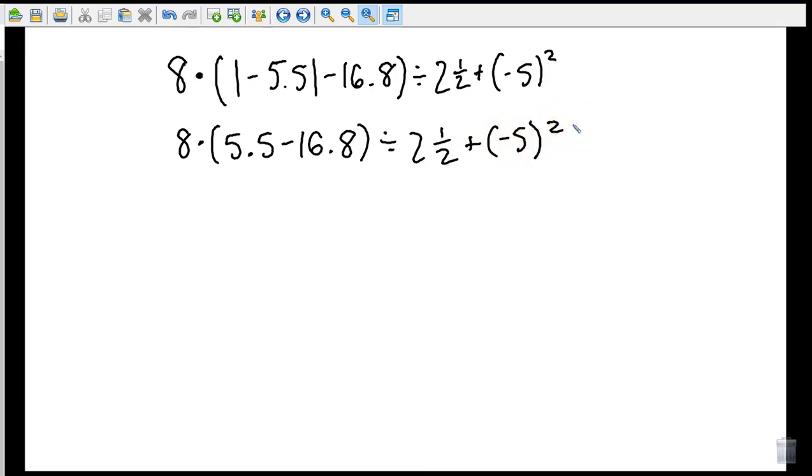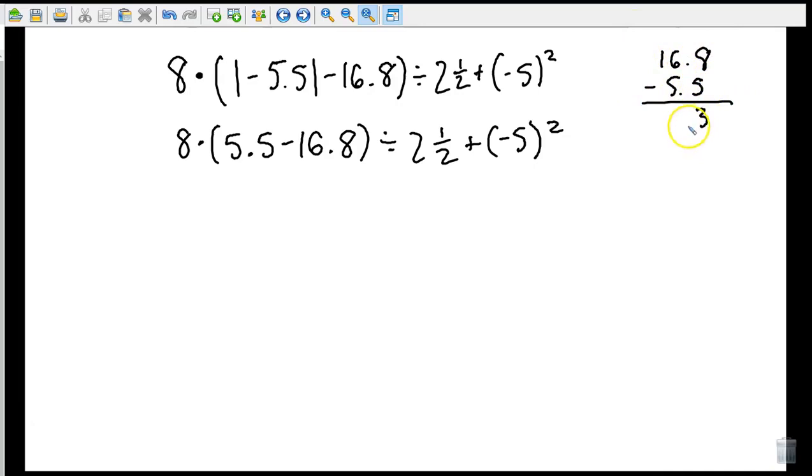So we are really going to subtract 16.8 and 5.5 and then keep the sign of the bigger number. So this is really a positive 5.5 and a negative 16.8 that we're putting together. So just for fun, we'll just do it over here. 16.8 minus 5.5.